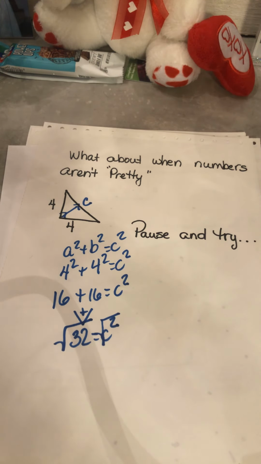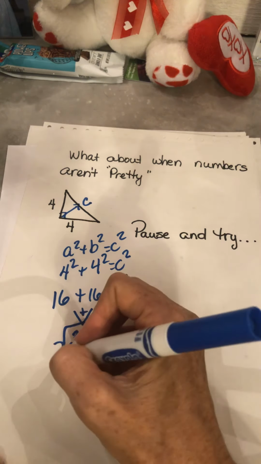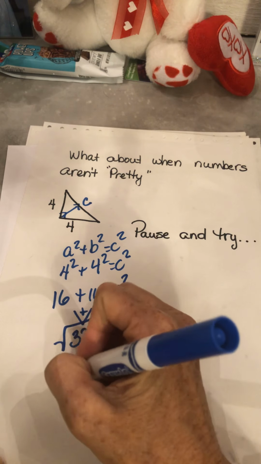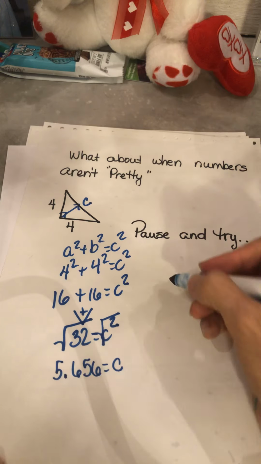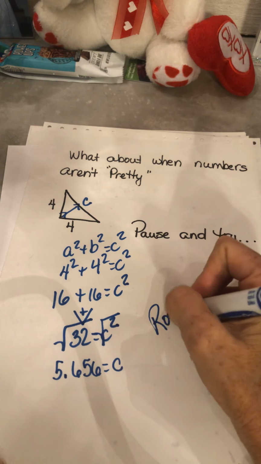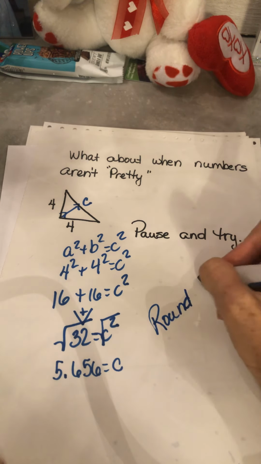There is no perfect square. In other words, a certain number times a certain number where the numbers are the same. I'm never going to get to 32. But I am going to find out when I put it in my calculator. That is 5.656.